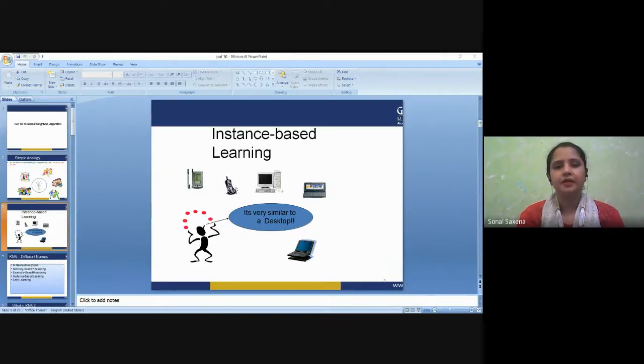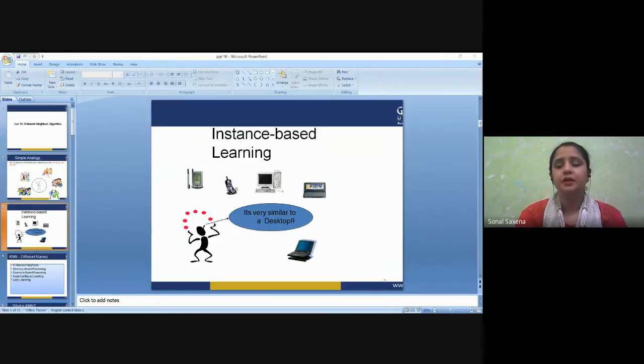Even this KNN algorithm is called instance-based learning, where on the basis of instances you are being judged, and you are going to learn.